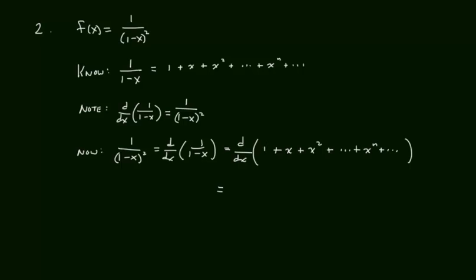So the derivative of 1 is 0, then the derivative of x is 1, then we have plus 2x plus. Now had the other one in there, x cubed, it would be 3x squared plus dot dot dot plus n times x to the n minus 1 plus dot dot dot.